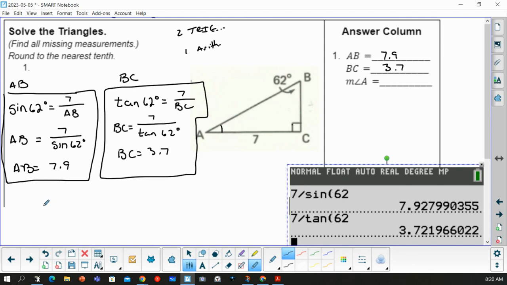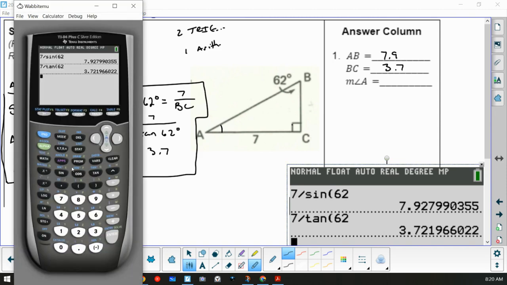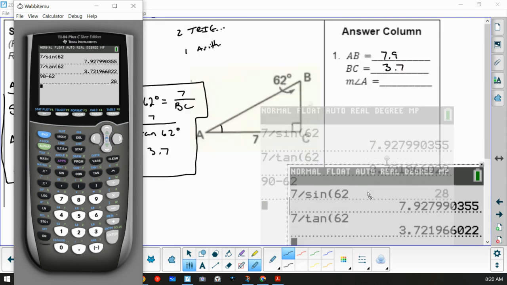So to find angle A, I can simply say 90 minus 62 is going to tell me what this other angle needs to be. And so 90 minus 62 is, I think, 28, just to make sure. 90 minus 62 is, yep, 28.